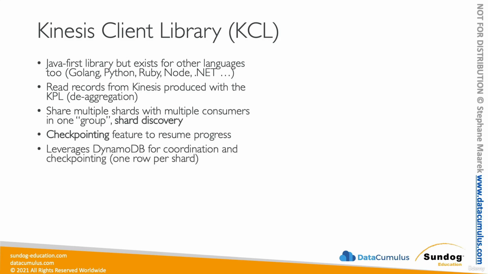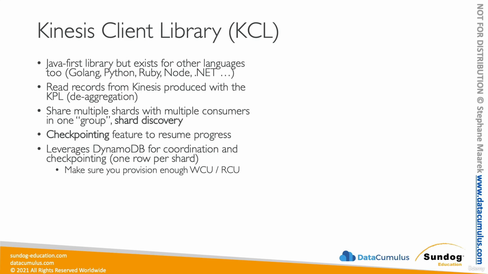It also leverages DynamoDB for the coordination and checkpointing. So that means that there's going to be a new DynamoDB table, 1 row per shard. Because DynamoDB is involved in the process to read from a Kinesis data stream, you need to take care of the provisioning of your DynamoDB table.